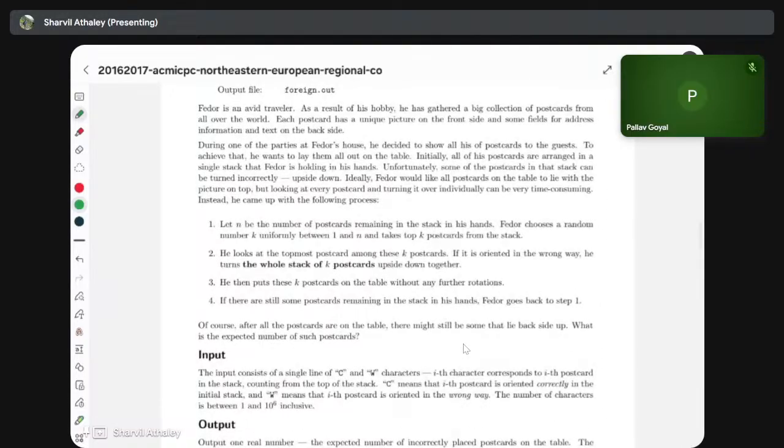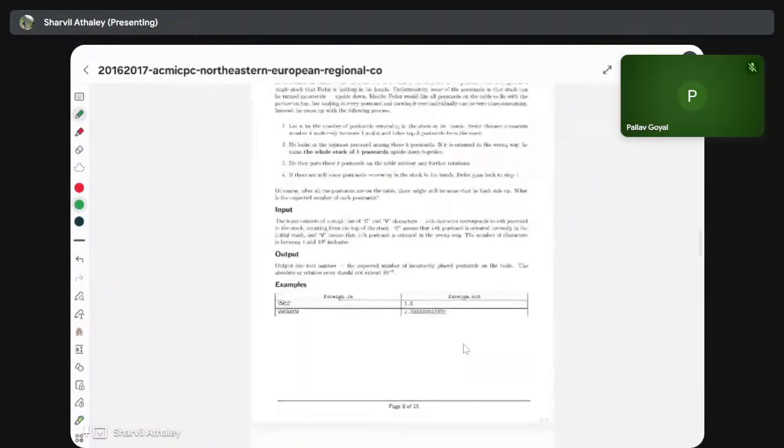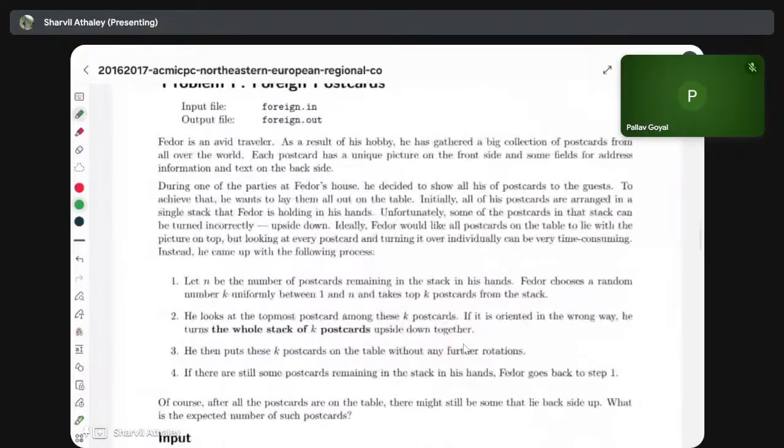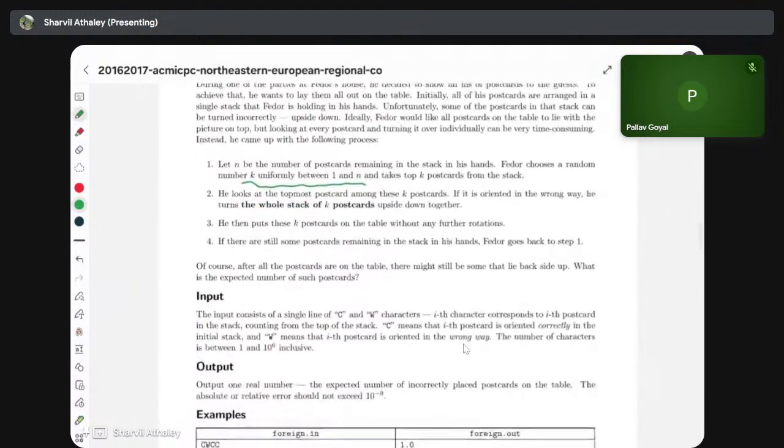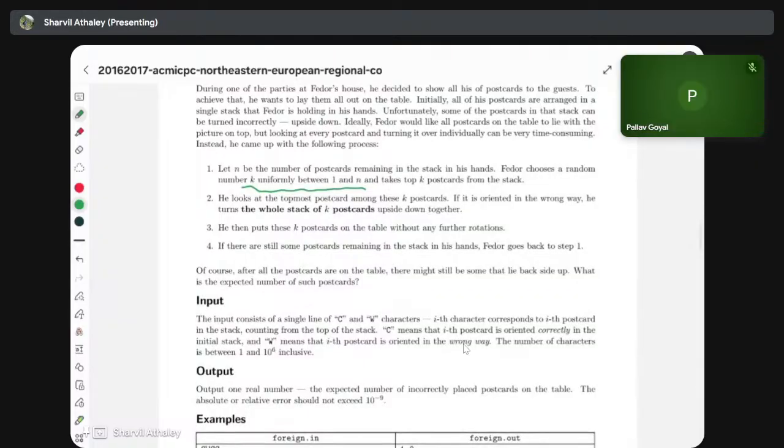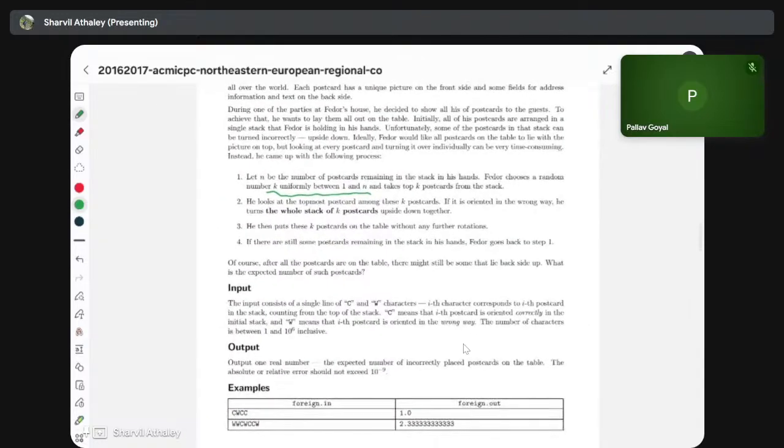So in this question, we basically had a few cards, and we chose a random variable k uniformly between 1 and n, and we take the top k cards from the stack, and we turn them over on the basis of the first card which is there.